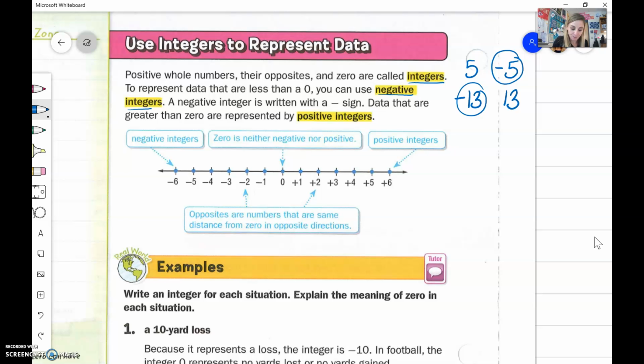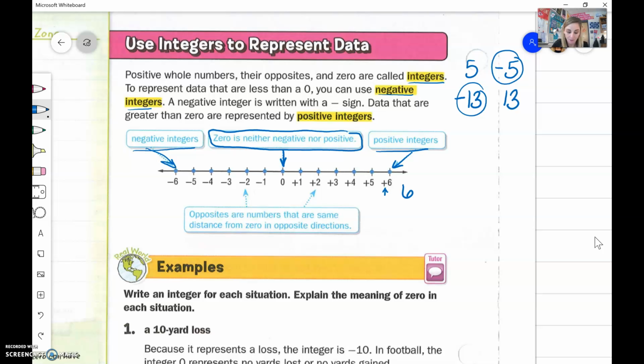For example, negative integers right here is pointing to a -6. The opposite of the -6 is a +6, shown with a positive, but really we don't ever use that plus in front. We just know if it does not have a negative sign in front of it, that it's positive. Okay, 0, this is important, is neither positive nor negative.